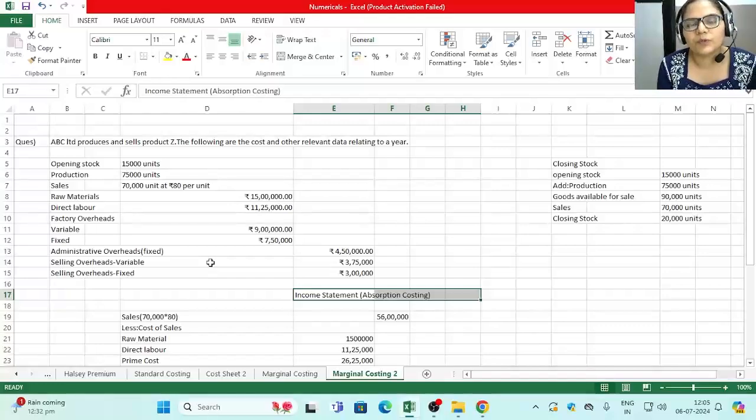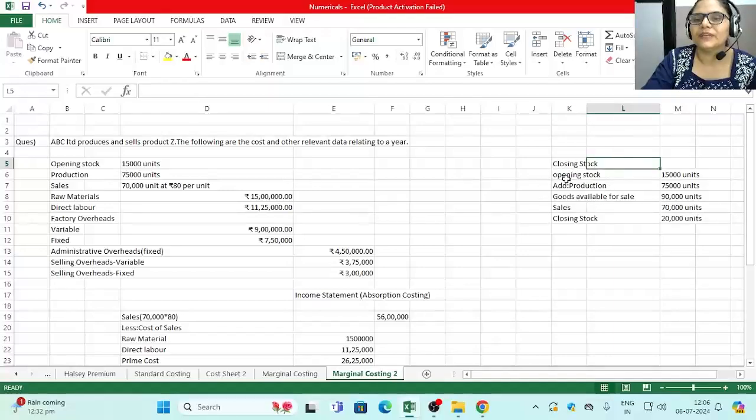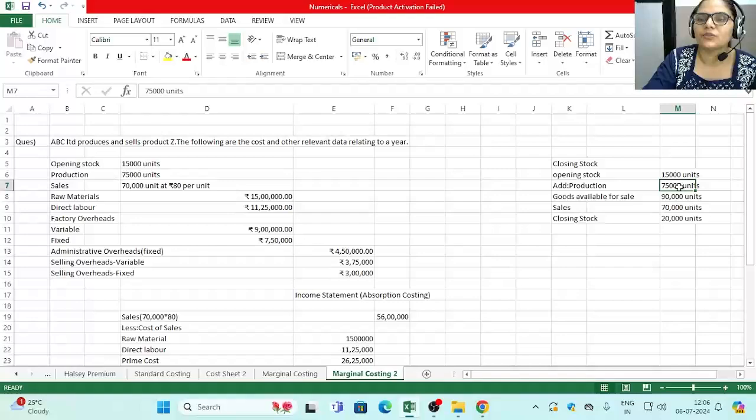Before doing any calculation, first do the basic calculation. We have been given opening stock of 15,000 units. We will add production, then we will get the goods available for sale, that is 15,000 plus total production done, 90,000. Now if out of 90,000 the company has sold 70,000 units, the closing stock will be 90,000 minus 70,000, which gives you 20,000.